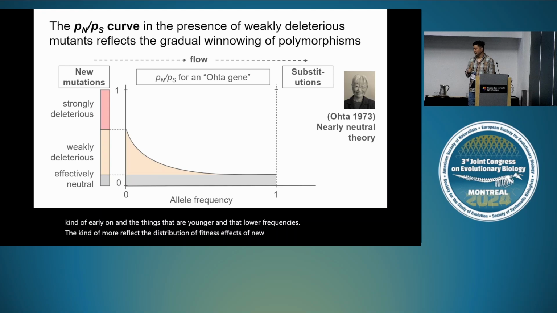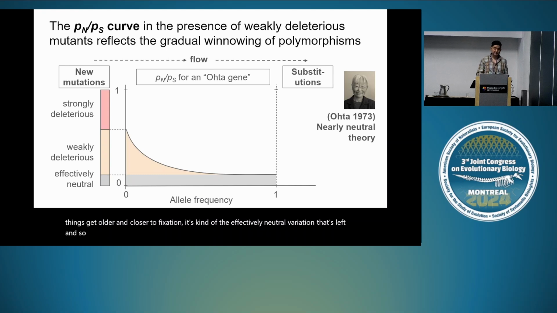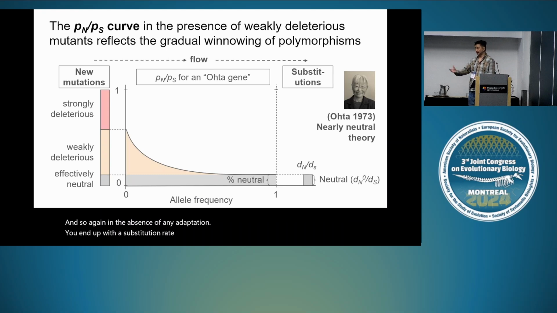And then as things get older and closer to fixation, it's the effectively neutral variation that's left. And so again, in the absence of any adaptation, you end up with a substitution rate that reflects these underlying processes happening at the population genetic level.